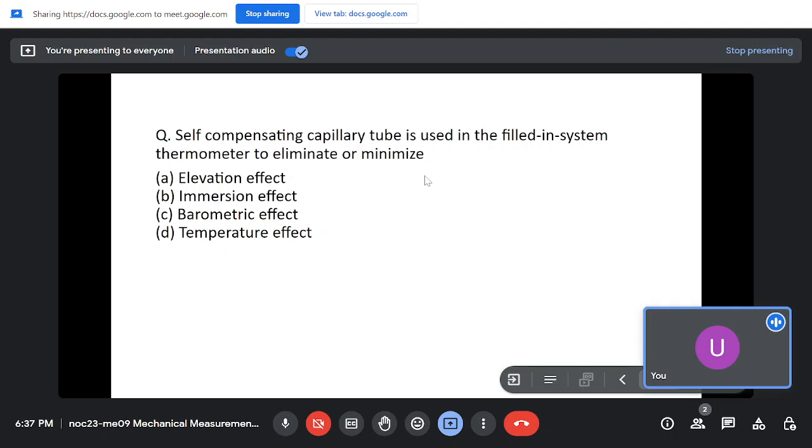A capillary tube is just a small thin tube with a very small diameter. At the end of it you have a bulb which contains a fluid, and that bulb is connected through the capillary to the Bourdon gauge tube. That is in the environment where you want to measure the temperature.